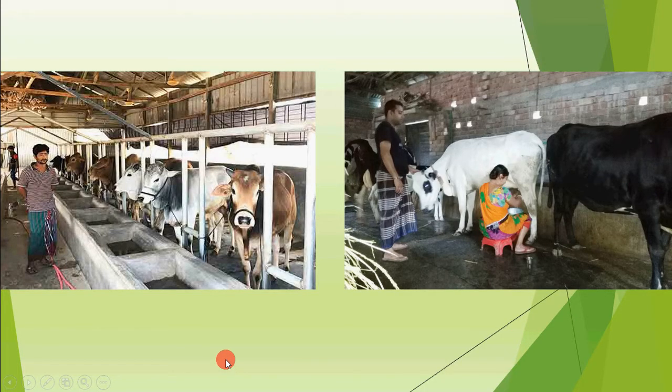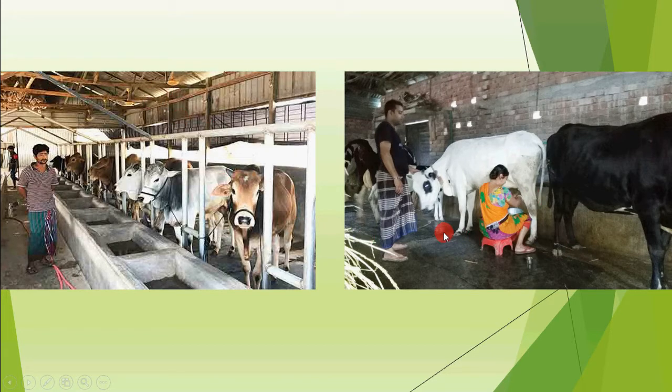Next one is our country context. The first picture is a dairy farm in our country. Here they follow a proper system as well. This is the top for providing feed, water, everything, and this is the place where the cows stay.